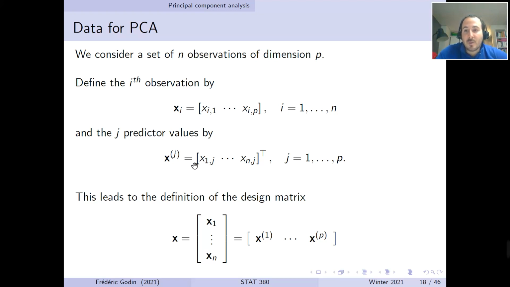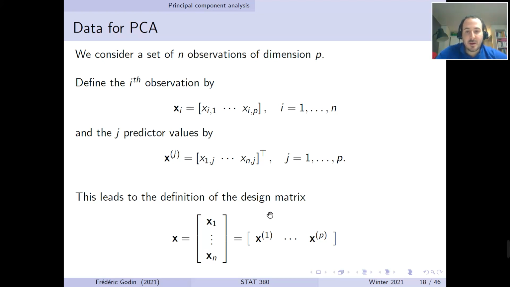And conversely, we can consider x superscript j, which is the vector of predictor j for all observations. So here the row vector is for all predictors, and a column vector contains a fixed predictor and all observations of the data set.